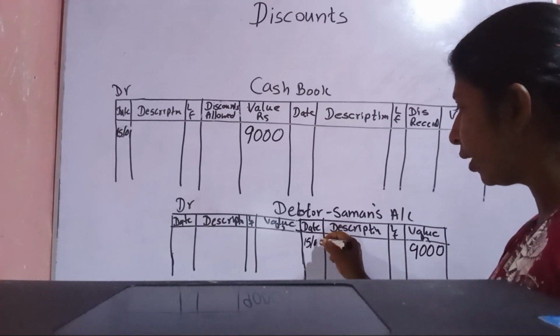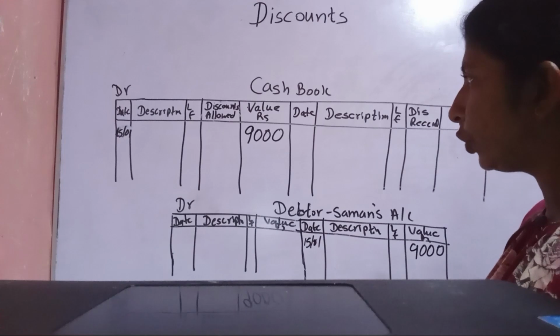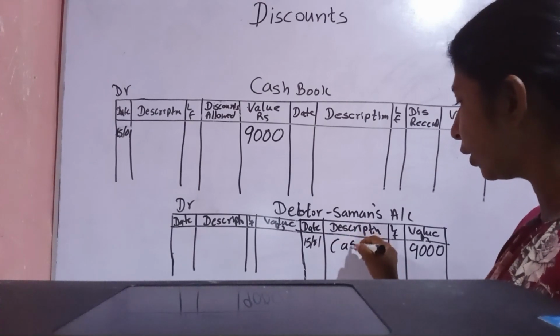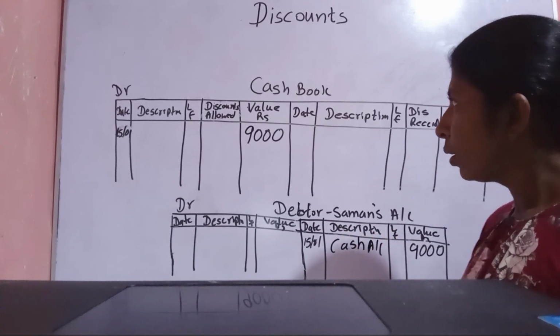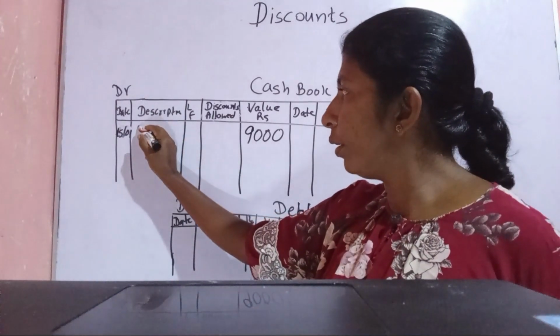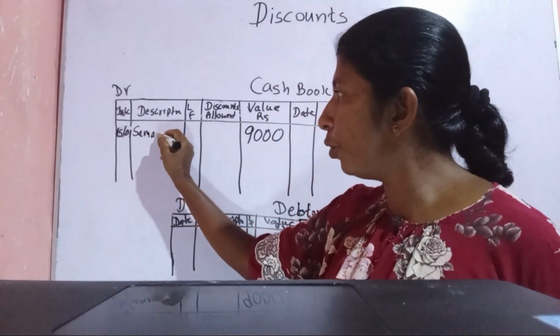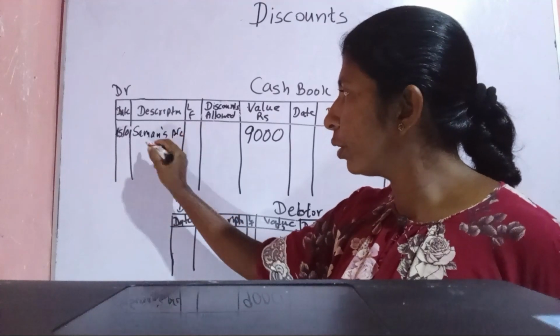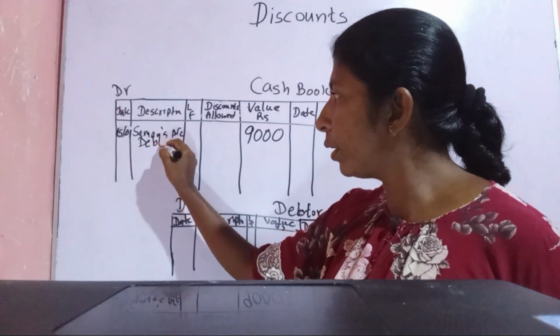Date is 15th January. You have to change the account names here: in the cash account, you can write Saman's account or debtors account.